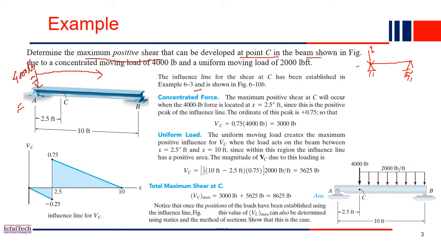So let's consider the unit load is here, at a distance of x from the left-hand side support. What will be the shear force at C? C is some location which is 2.5 feet from the left-hand side support.